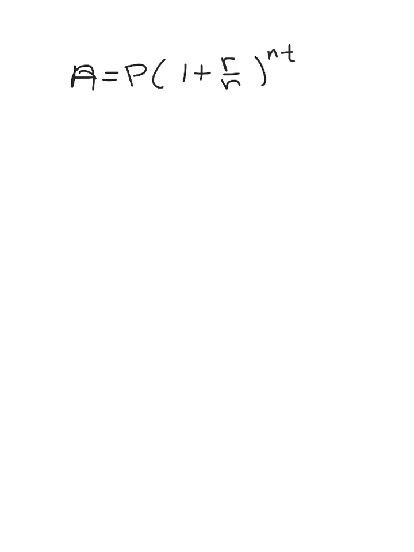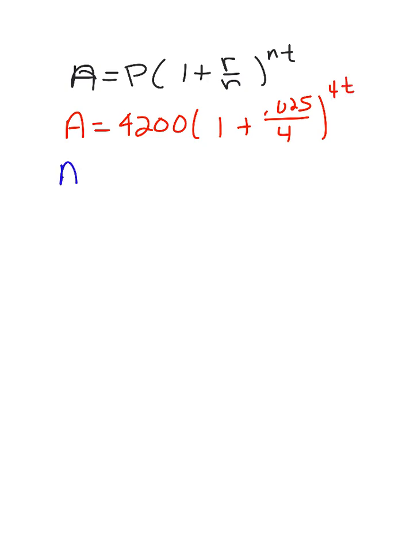So let's just come up with a formula for this. So we have A equals 4,200 times 1 plus 0.025 over n, where n is 4, raised to the 4t power. All right, so I have A equals 4,200 times, inside the parentheses comes out to be 1.00625.